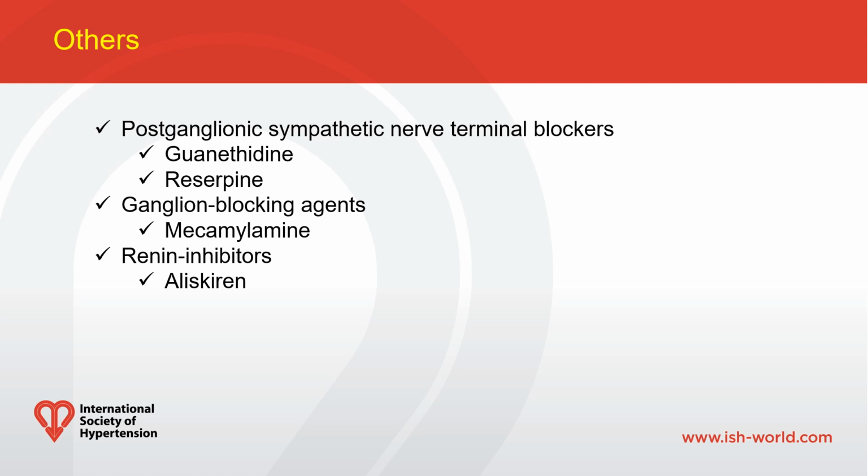Others, as listed here, are the post-ganglionic sympathetic nerve terminal blockers, ganglion blocking agents, then the renin inhibitor itself. You know, we have the renin-angiotensin pathway, so you block the release of renin itself; you don't need to block the enzyme or the receptor, you block right from the origin.